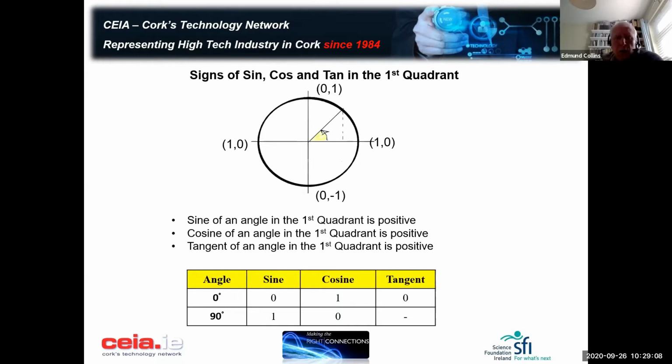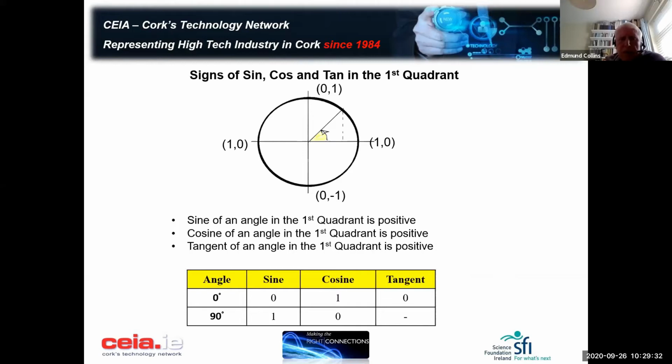So we can use the unit circle to do this. The unit circle is very good because the radius is 1, and it's easy then to work out what sine, cosine, and tan are going to be at different angles. So it's a good technique to use.